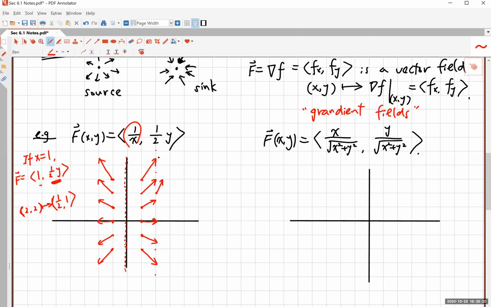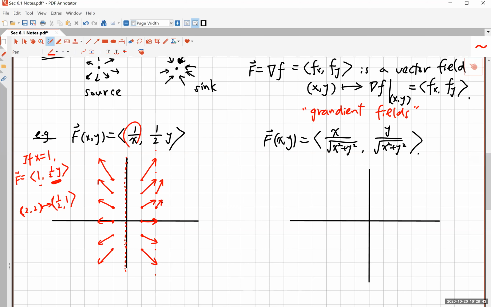Maybe I should do one more. How about this point? (2, 1) is this point, so it'll be (1/2, 1/2). You don't have to draw a whole bunch of vectors when you are asked to do this.